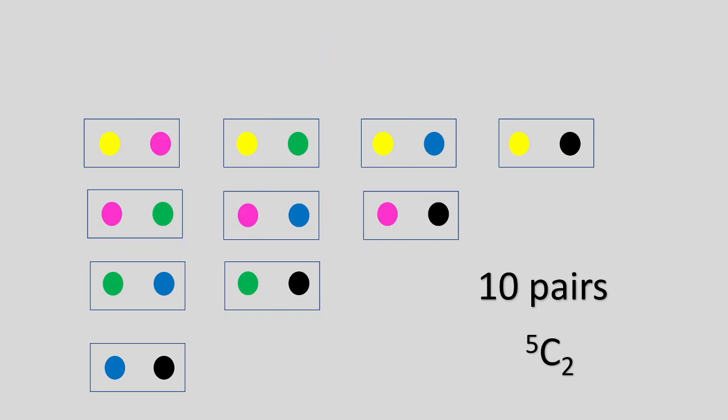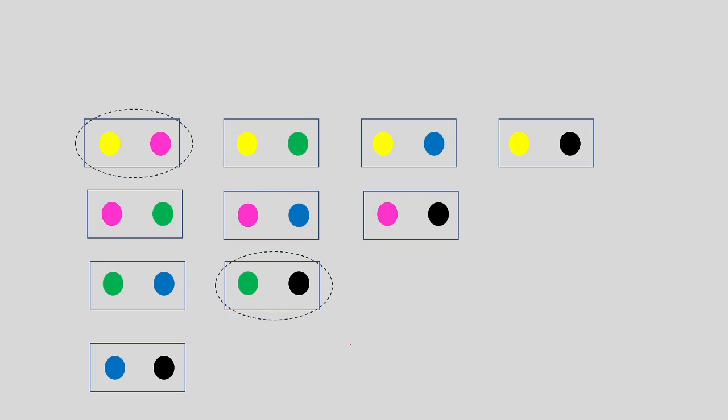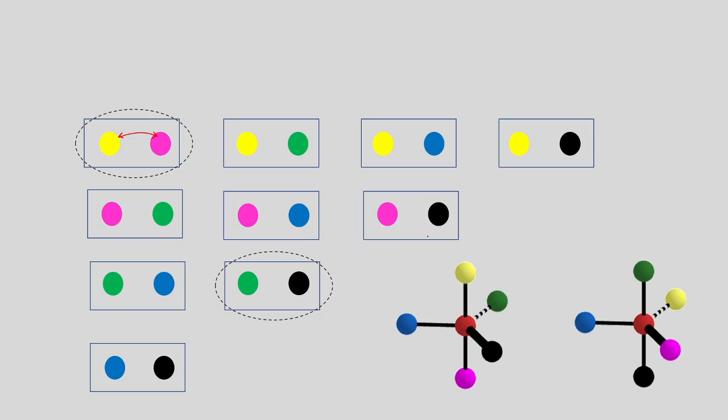Okay, so once we have understood that there are 10 possible pairs of atoms at the axial position, we should also understand this: suppose you take a molecule where the yellow and pink are at the axial position, and you take a molecule from the case when the green and black are at the axial position, you will definitely get two non-superimposable molecules because your axial positions are different.